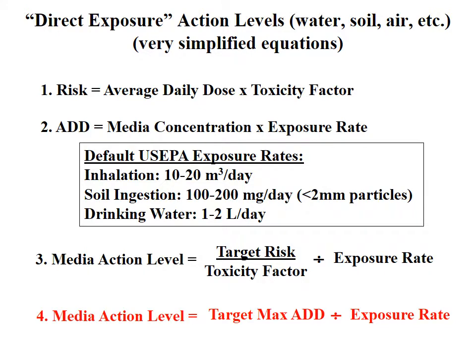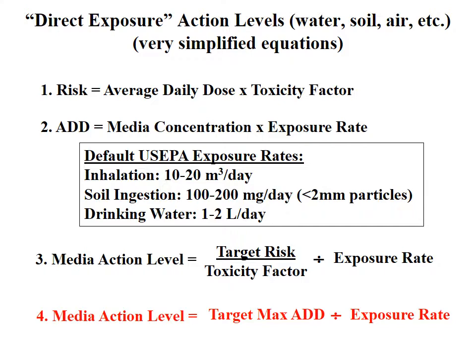It's not a black and white concentration above which it's toxic. It's really the average daily dose that toxicologists agree doesn't pose a potential health risk. A dose above this toxicity factor could pose a potential health risk, but you have to look at it more specifically, in more detail. So risk is a function of average daily dose times toxicity factor.